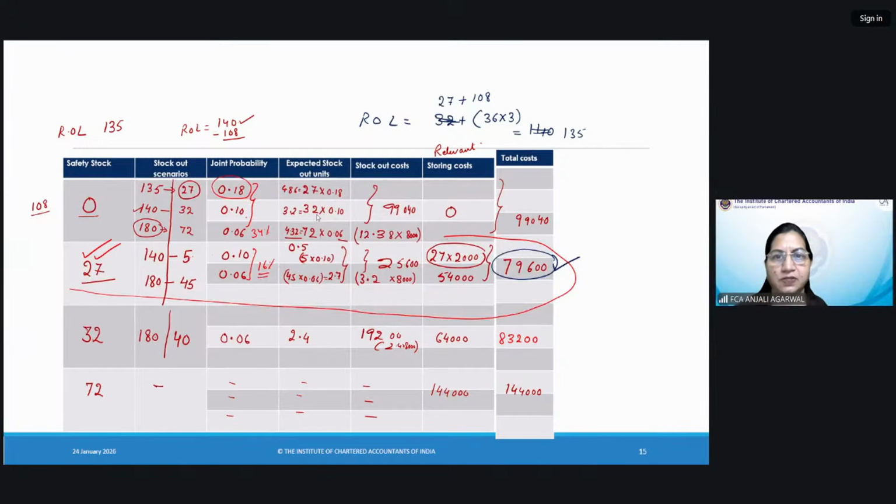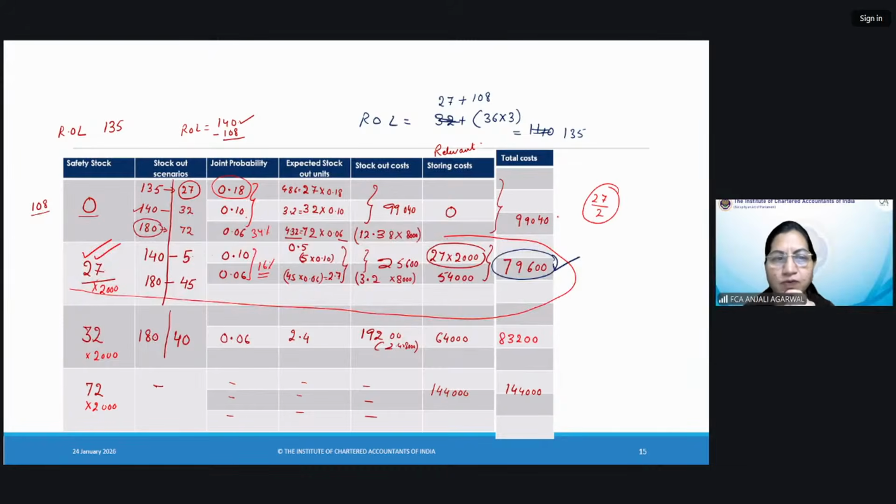Storing cost calculation. Storing cost is always the safety stock that you take multiplied by 2000. 27 into 2000, 54,000. 32 into 2000, 64,000. 72 into 2000, 144,000. Why don't we halve it? Why don't we say 27 by 2? Because this is not what we are consuming from.